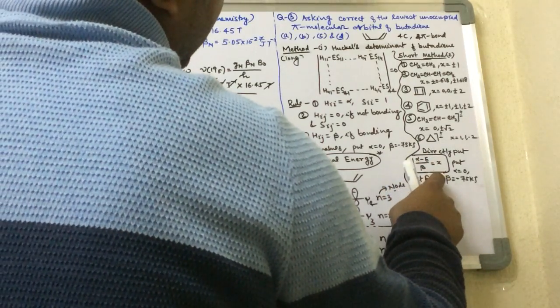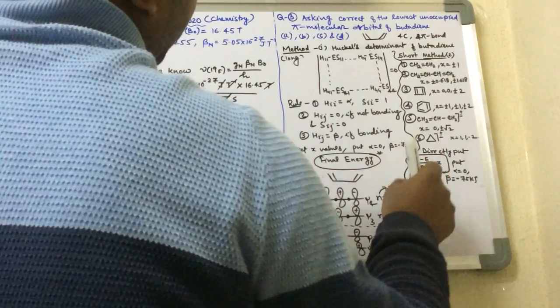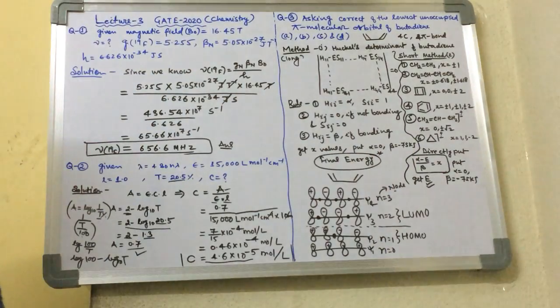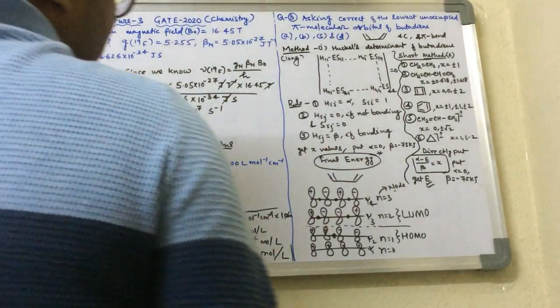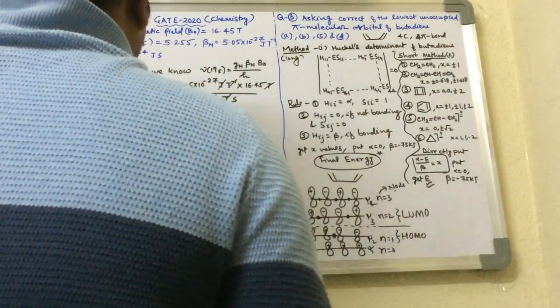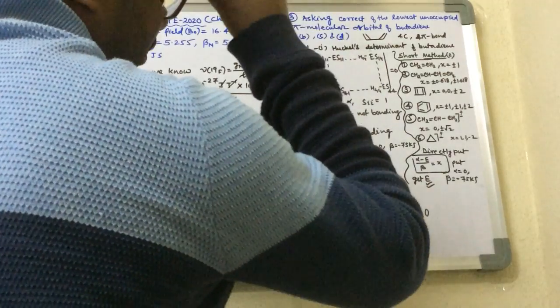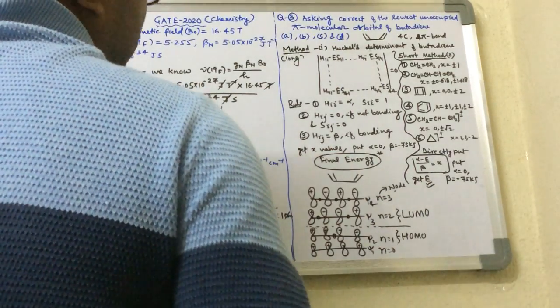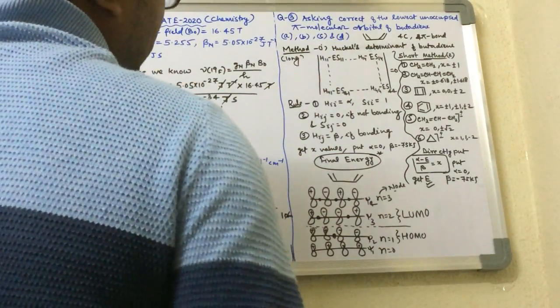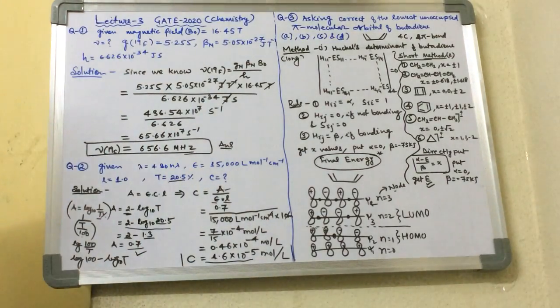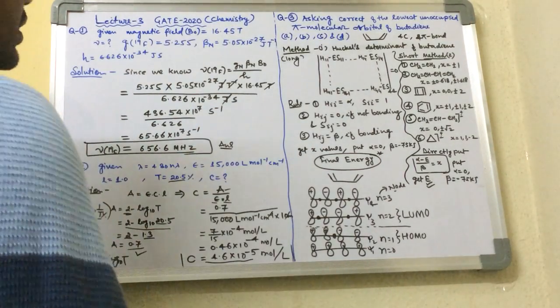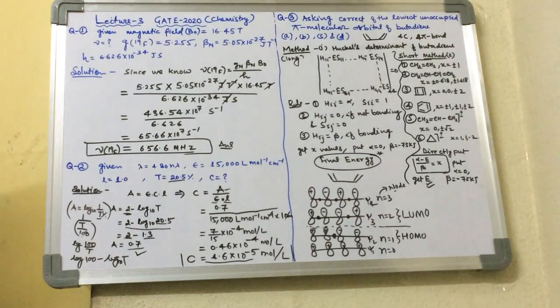In the energy states of this butadiene you can easily get E1, E2, E3, E4. So these are the 3 questions which are very important.